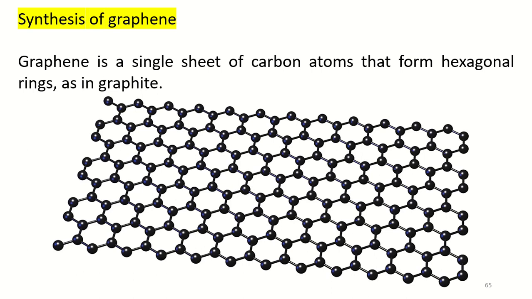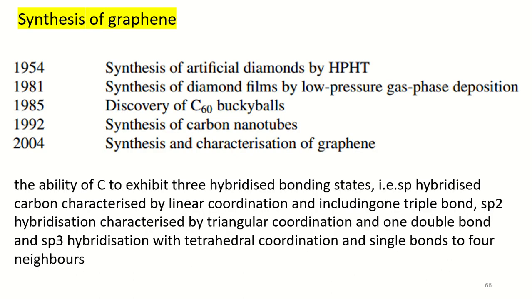This method and the subsequent discovery of several unusual physical properties exhibited by graphene is the latest stage in a remarkable series of fundamental advances in the chemistry as well as in the physics of carbon, and it is shown by the following timeline.